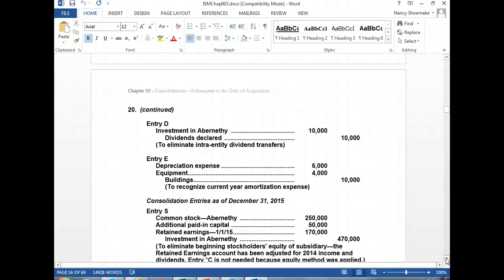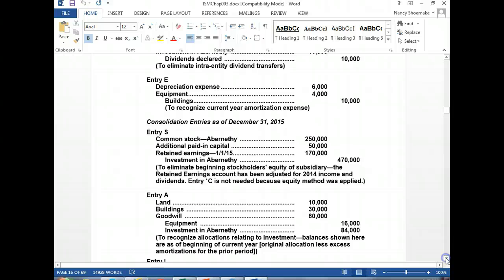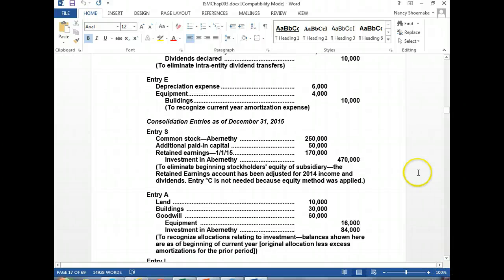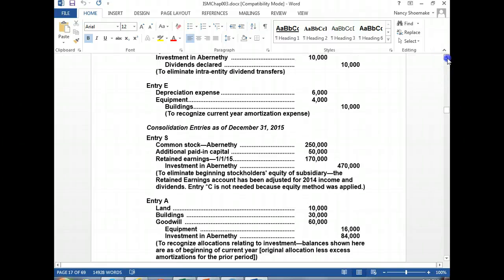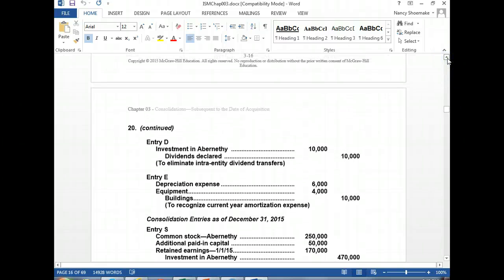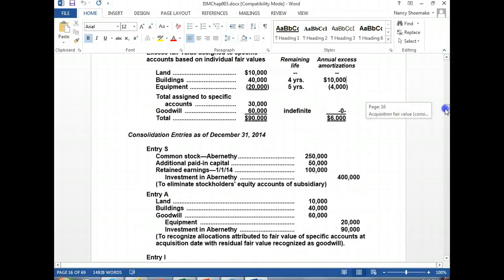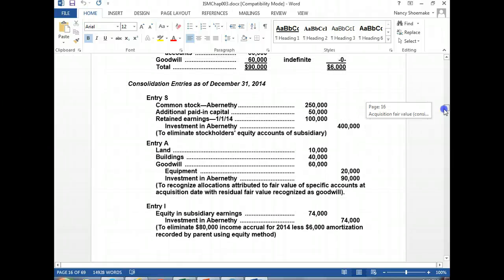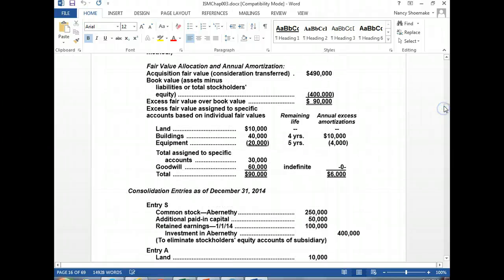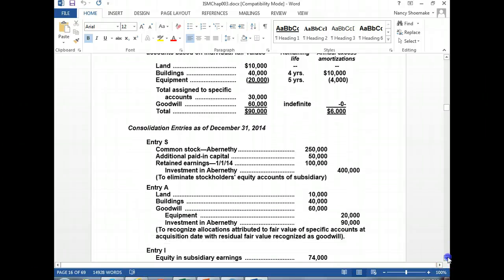Then, so that is, those entries are what we need to show for 1 year. And if I did something like this, it would only be for 1 year. It wouldn't be for 2 years. So know these entries. The various entries, the S basically gets rid of the stockholders' equity section and the investment account, a portion of the investment account.